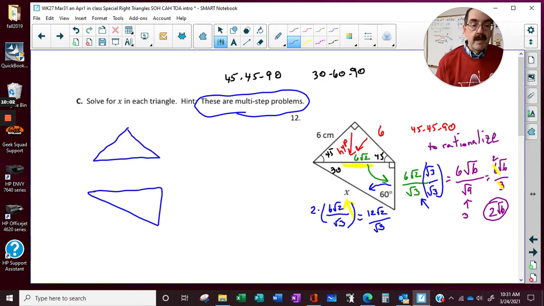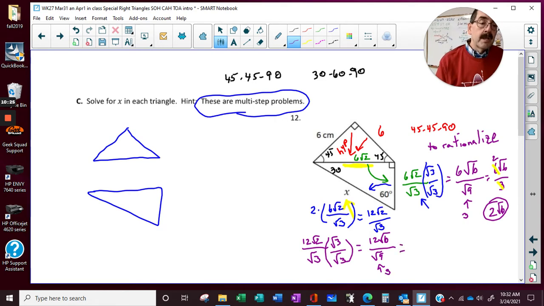Now we come down here, 12 radical 2 over radical 3. Multiply top and bottom by radical 3 over radical 3, which is just another name for 1, giving us 12 radical 6 over radical 9. We know the square root of 9 is 3, giving us 12 radical 6 over 3.